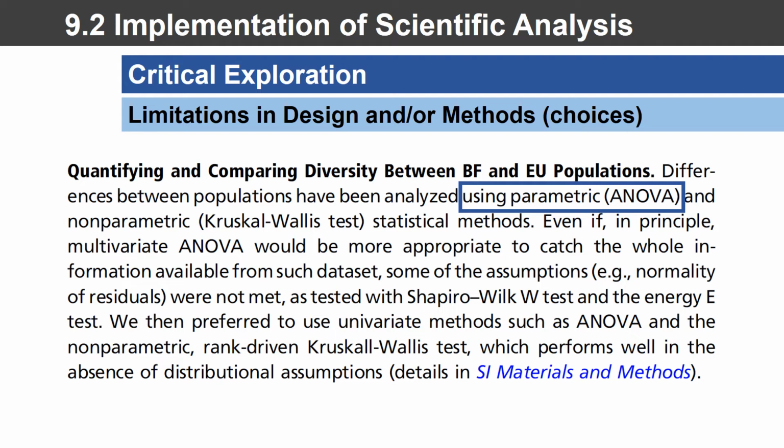Well, differences between populations have been analyzed using parametric ANOVA and something called non-parametric Kruskal-Wallis tests. Okay, ANOVA is something we've focused on, and I hope that's gotten your juices refreshed.